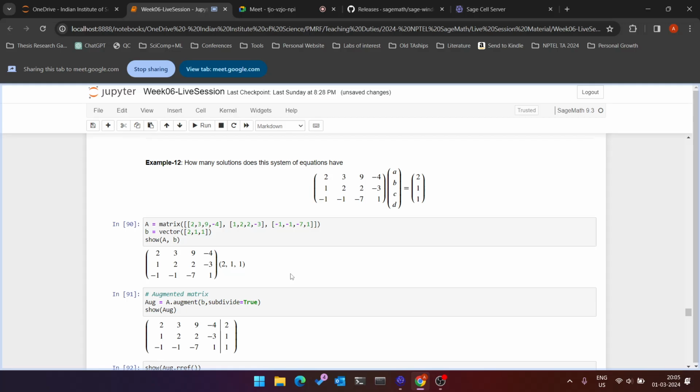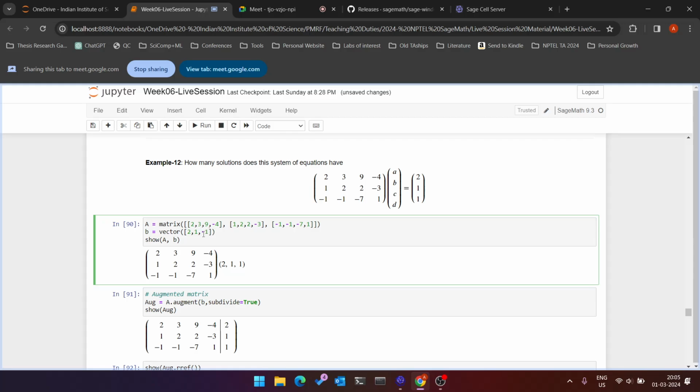And you can see how in this system of equations the third equation is obtained. You can just subtract the first equation from the second equation. So 1 minus 2 is minus 1, 2 minus 3 is minus 1, 2 minus 9 is minus 7, minus 3 minus minus 4 is plus 1. And if you do 1 minus 2, you should end up with minus 1 here. But we have plus 1 here.